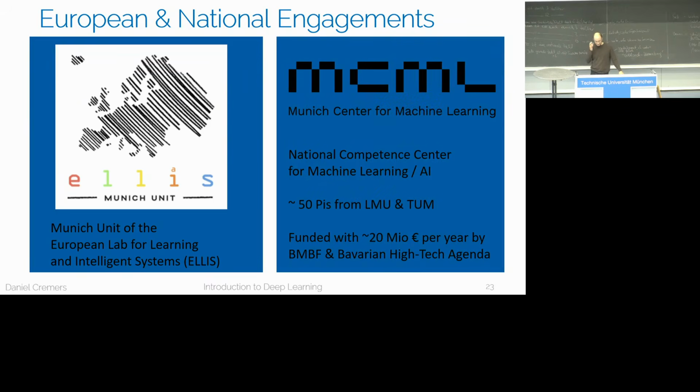I'm also one of the directors of the Munich Center for Machine Learning, one of 6 German national AI centers. It brings together 50 PIs from both LMU and TUM, roughly equal numbers from each university, and it's supported with around 20 million a year by the national and the Bavarian government.